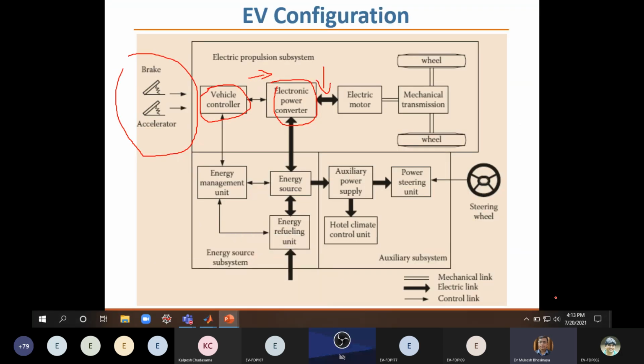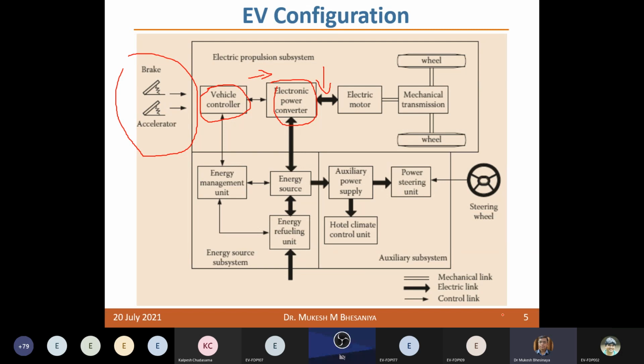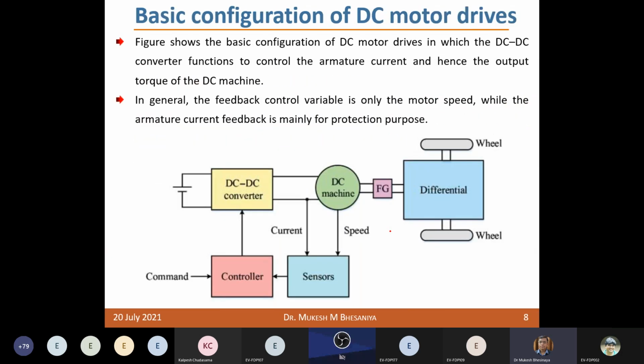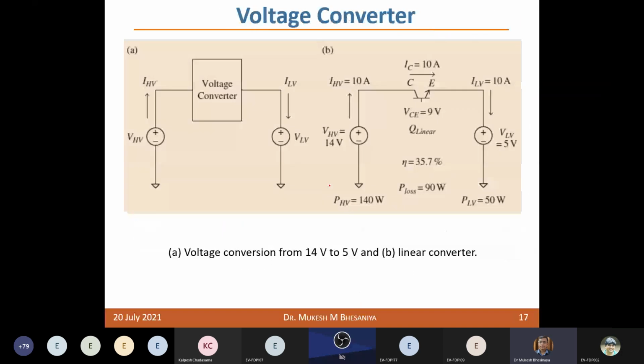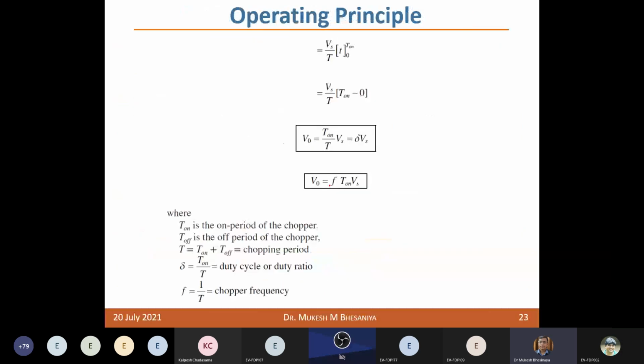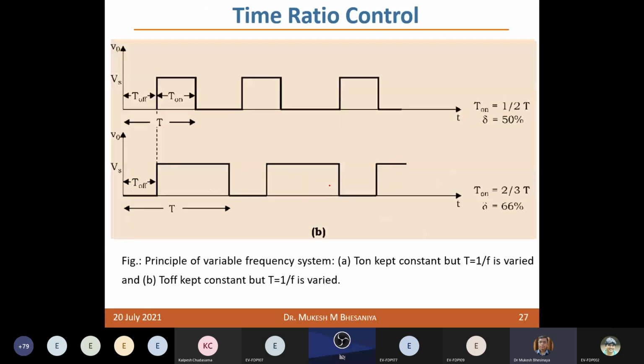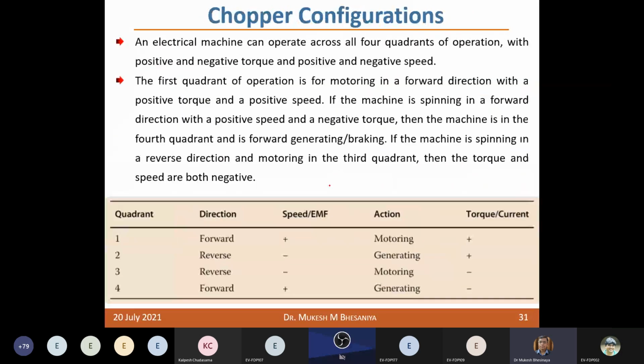So that was a closed loop control of the DC buck converter that we have. Once you understand the operation of any of these converters, you can apply those concepts to other converter configurations as well.